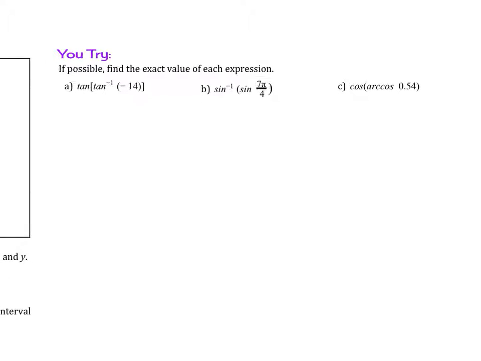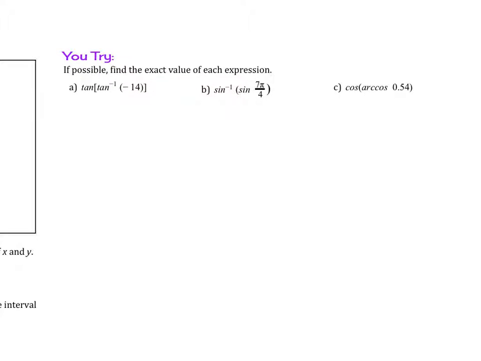Try these 3 examples. For tangent of arctangent of -14, that's -14, so that one works out perfectly. For letter B, you have to find the coterminal angle, and we see that it's -pi/4. Then we have cosine of arc cosine of 0.54. Remembering this value is between -1 and 1, this works, so it's just 0.54.